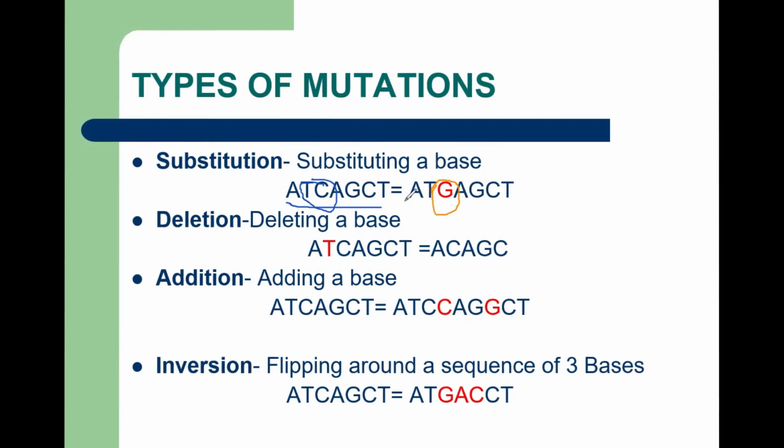When one nucleotide is substituted with another, that type of mutation is called substitution mutation. These types of mutation even lead to a disease called sickle cell anemia, which is due to a substitution in the hemoglobin gene.